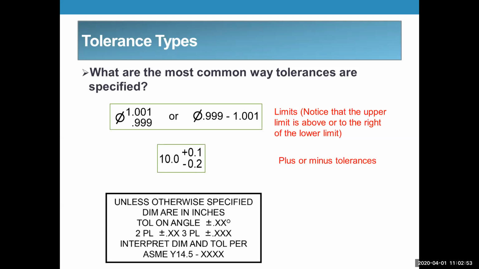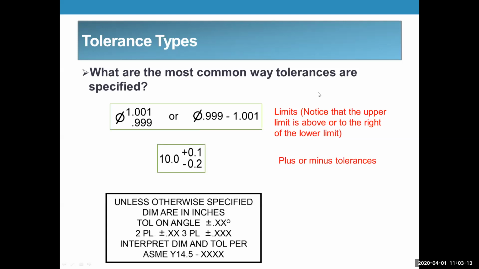So then we have the plus minus tolerance, which is bilateral. SolidWorks calls it bilateral. So you give the nominal, and then say it can be plus a certain amount or minus a certain amount.